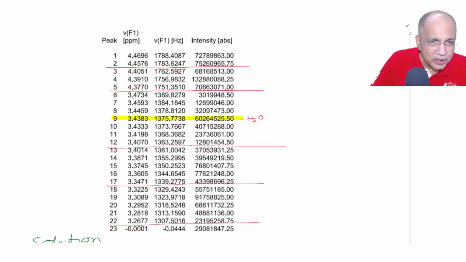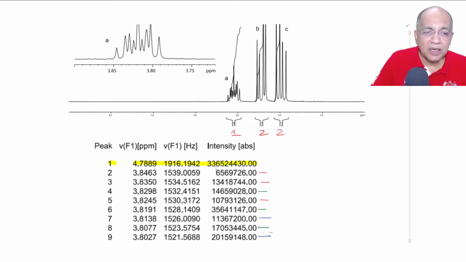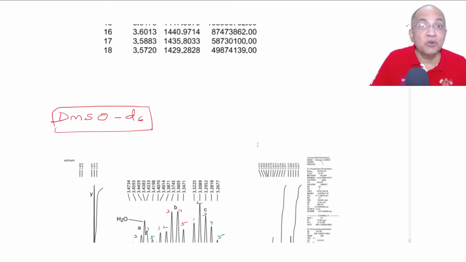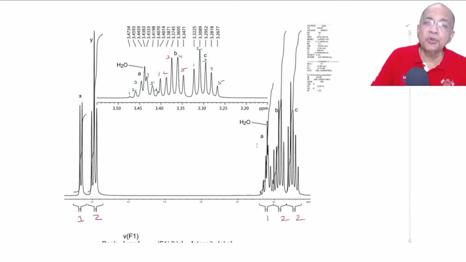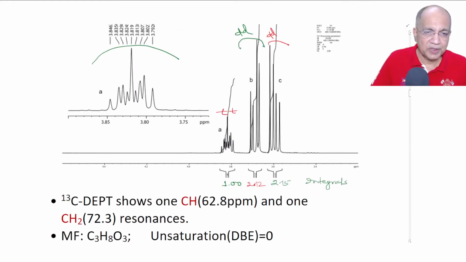We can look to the intensity. Of course, intensity is quite high, but even then we have ignored it, because we know that we have deuterated the sample. There should not be any OH peak. Therefore, we presume that it is due to some impurity, so we have ignored it.